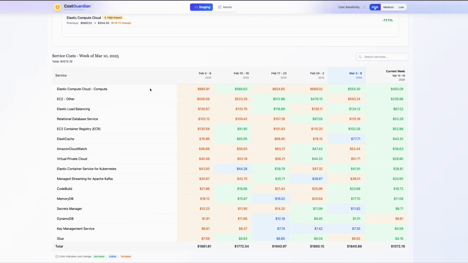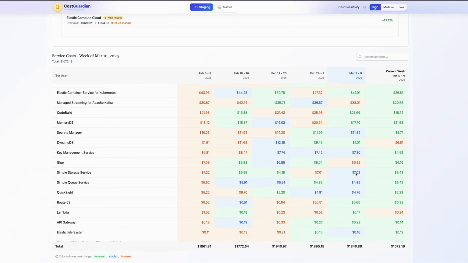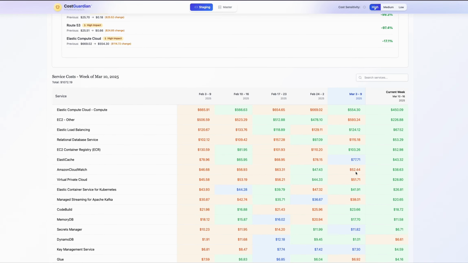If you look at particular services, you can see there was a cost increase trend for the first week, then in the second week the cost went down, and then it went on increasing. Even without looking at the numbers, I can just see what the cost pattern is for a service. So if I want to track March 3 to 9, all I have to look for are the orange color tabs, and I can just look at the service.